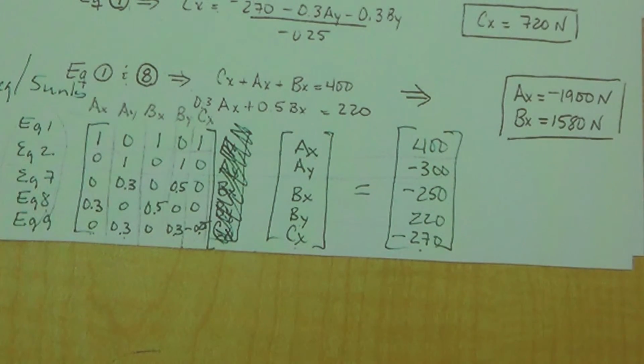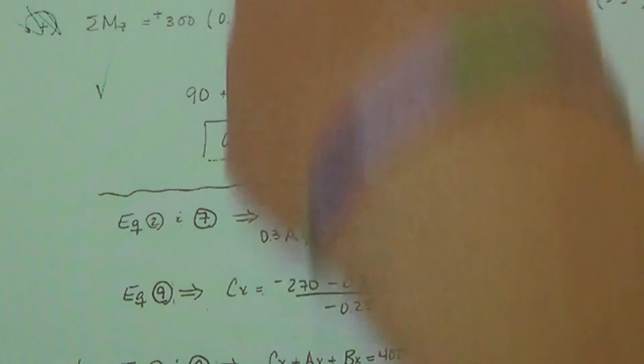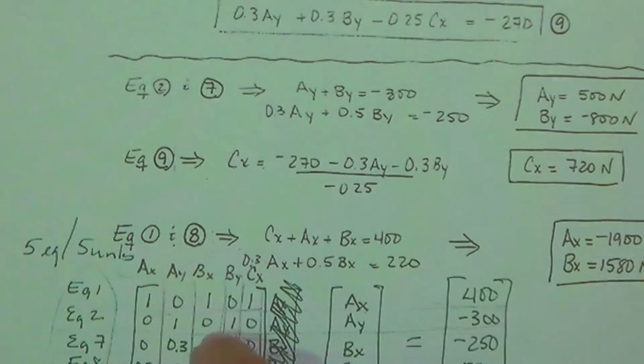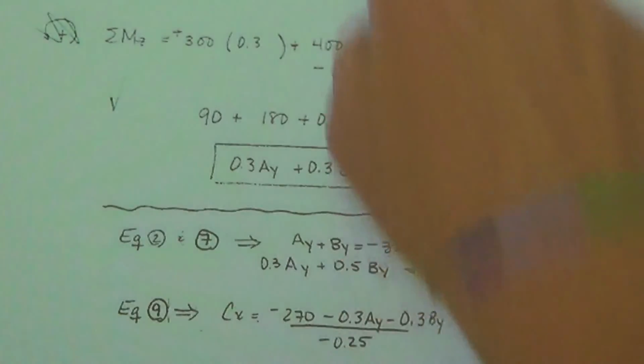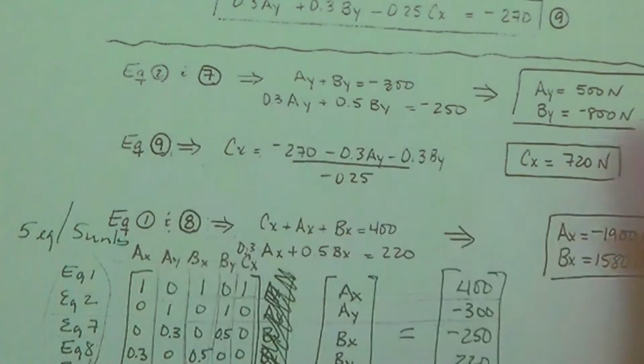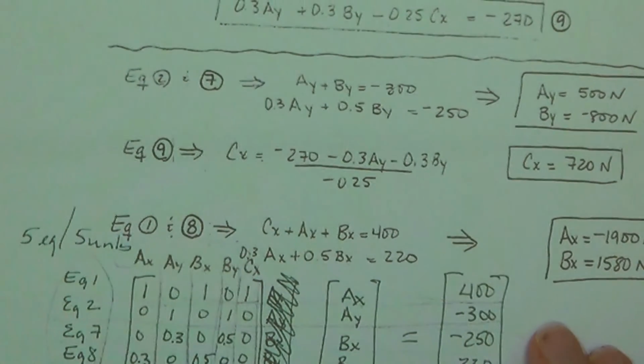Carolyn? Would you accept that on an exam or on homework, just having the matrix there? Yeah, you can have the matrix. But I do want to see all the equations, right? I want to see all the equations, and then you have an option. Either you do it by a matrix in the calculator, or you shove all these equations into a calculator, or you do what I did, which was substitution.